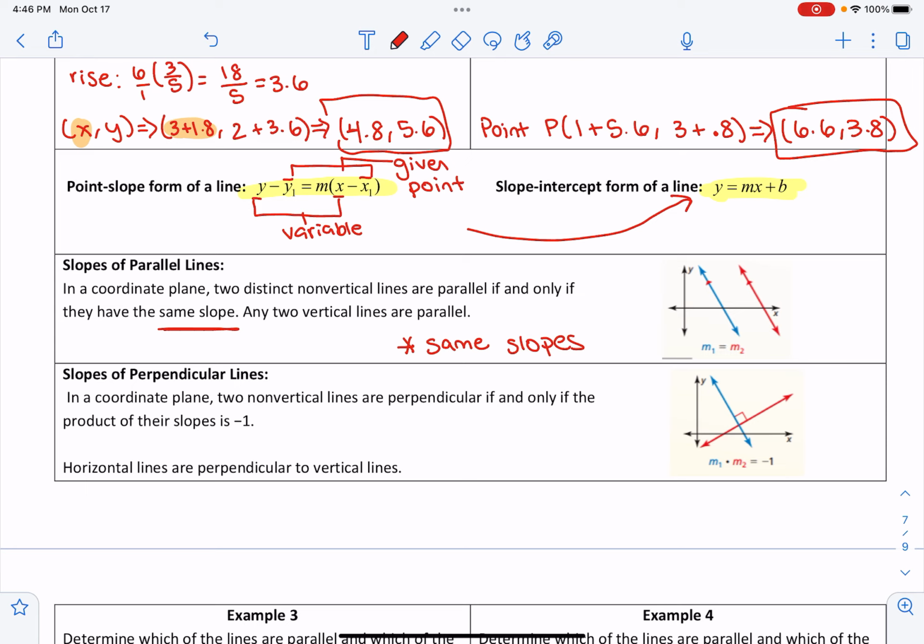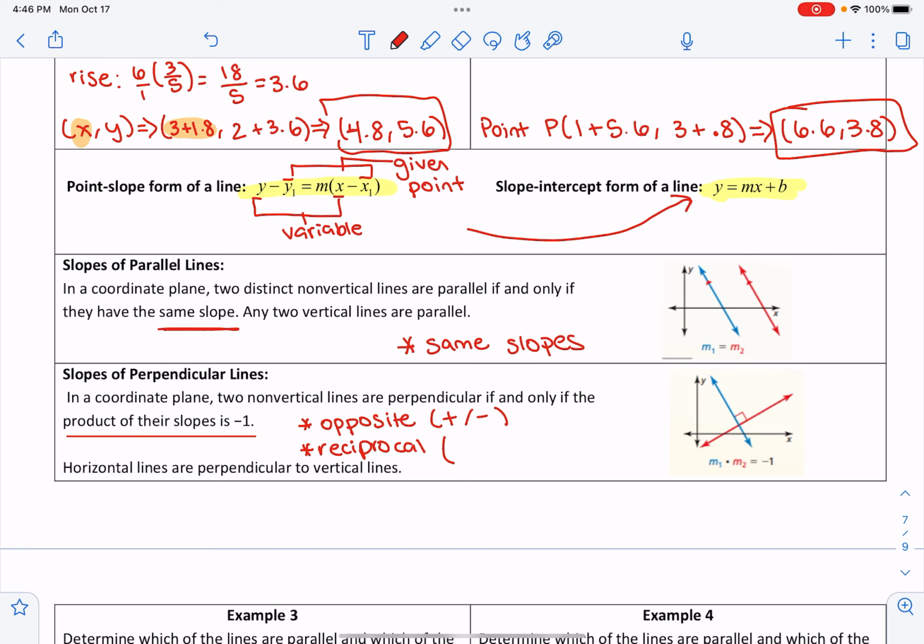Perpendicular lines, two non-vertical lines are perpendicular if and only if the product of their slopes is -1. So what that means, you guys, perpendicular lines have opposite, when we say opposite, we mean plus and minus, so opposite signs, and reciprocal slopes. So they're opposite, one's a plus, one's a minus.